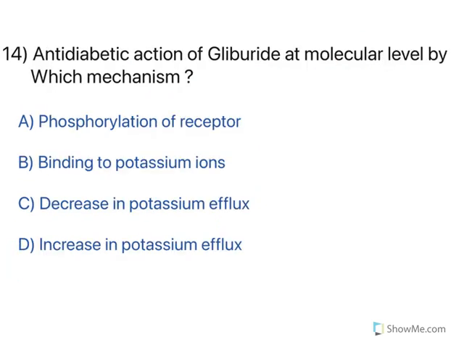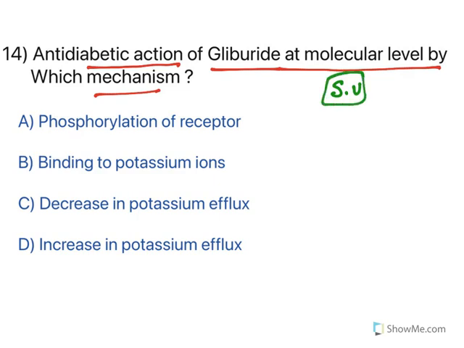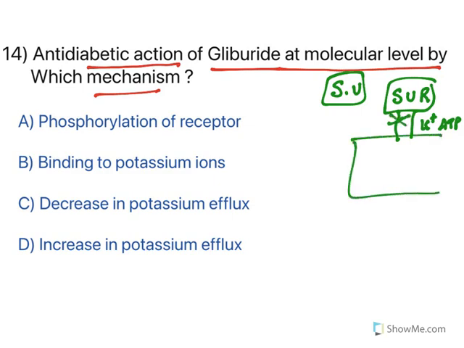Going to the next one. Now, antidiabetic action of glyburide at molecular level is by which mechanism? These are sulfonylureas. All sulfonylureas act on a receptor known as the sulfonylurea receptor. The sulfonylurea receptor is nothing but the potassium ATP channel on the cell. When this channel is inhibited, depolarization occurs inside the cell.